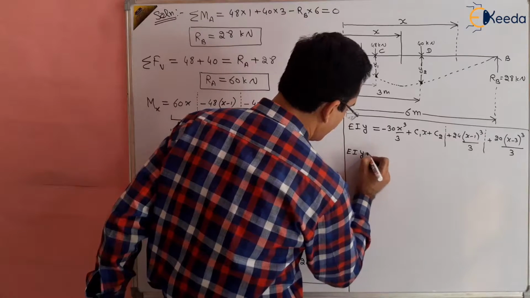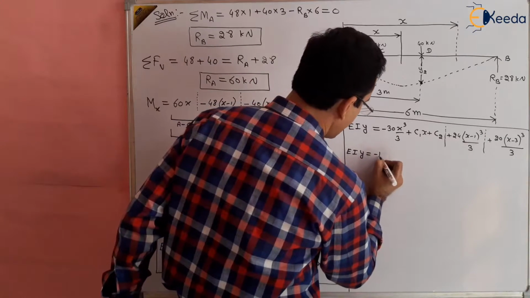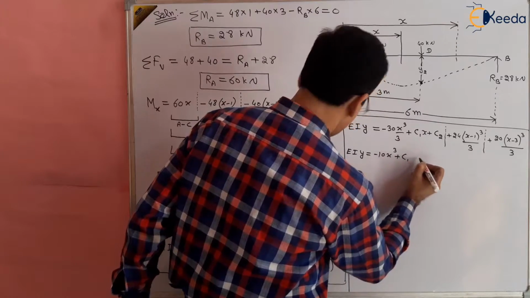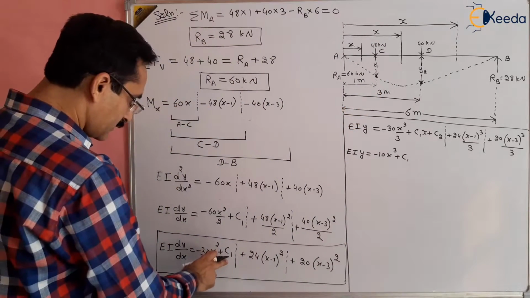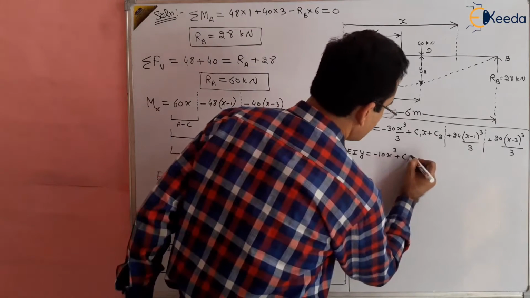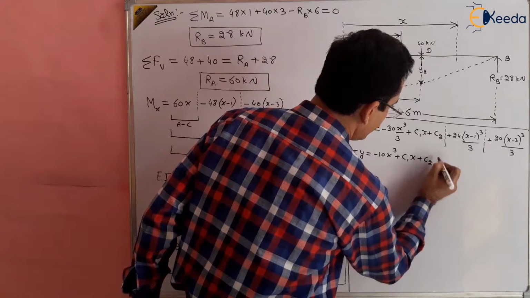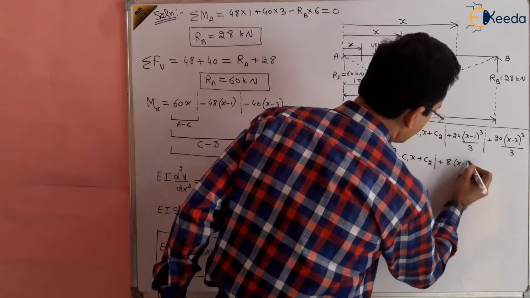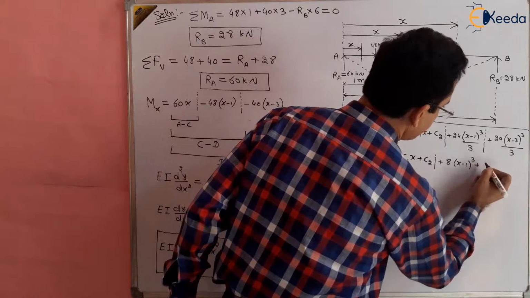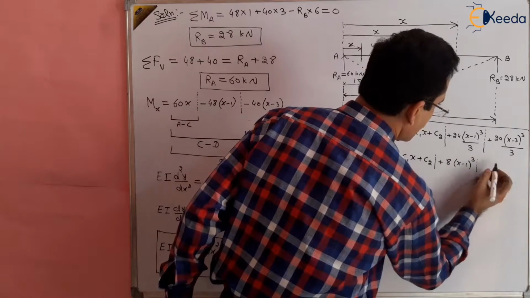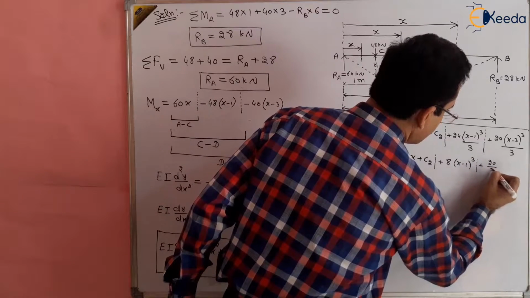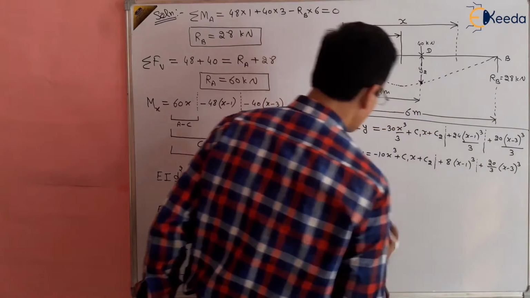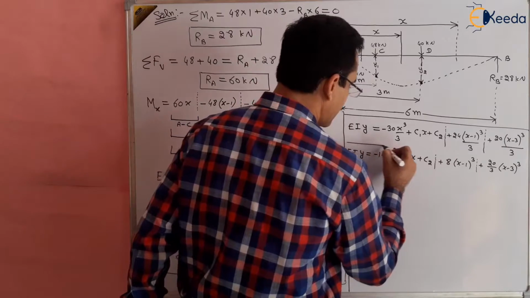EI y will be equal to minus 10 x cube plus c1x plus c2, plus 8 x minus 1 cube plus 20 by 3 x minus 3 cube. So this is our deflection equation.